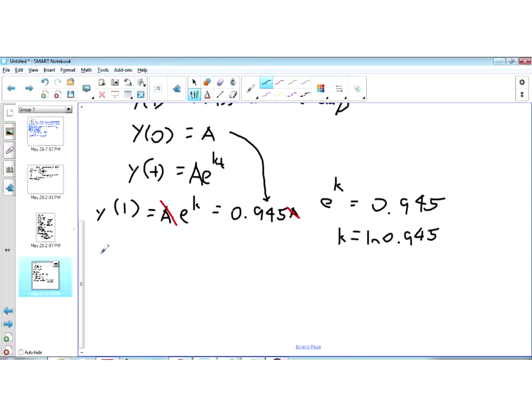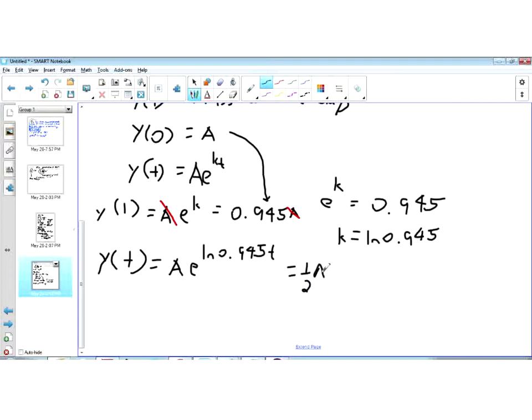Then we have y of t is now equal to a times e to the natural log, this is your k value, 0.945, and that has to equal 1/2 a.